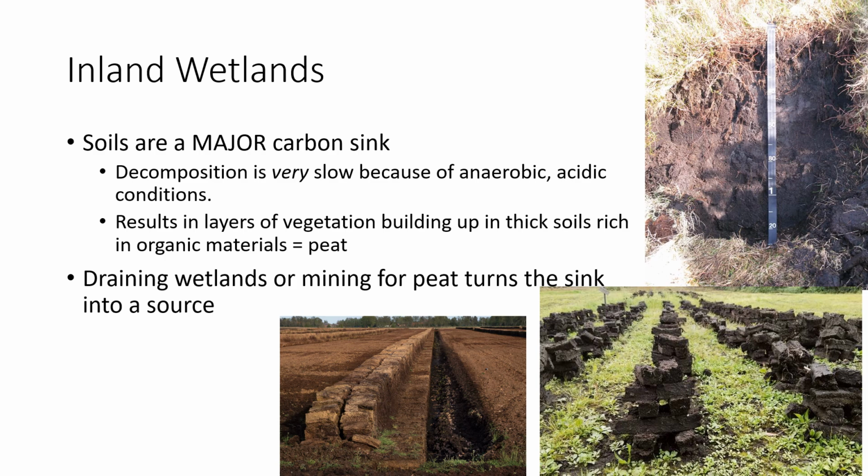All right. So this is a huge carbon sink, but it can be a carbon source when people dig it up and burn it. Or more often, burning it was more of an antiquity. Today, what people are doing is digging it up and selling it as peat moss or sphagnum moss to the horticultural industry. So if you are trying to be sustainable in gardening, don't buy any soils that contain peat moss or sphagnum moss.